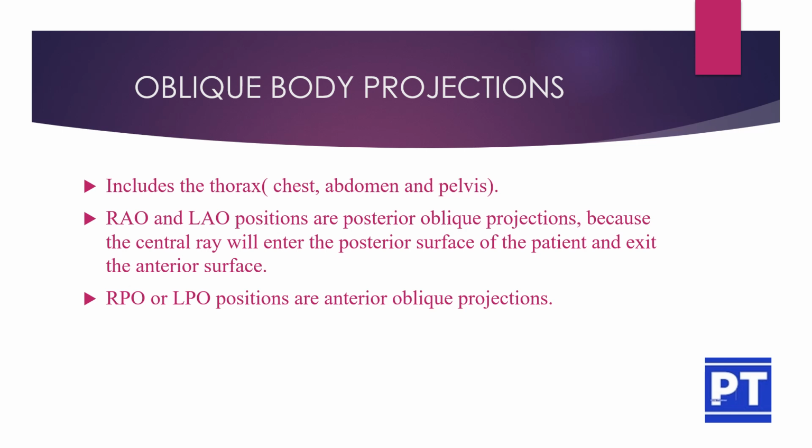When we are speaking about anterior oblique position, left anterior or right anterior, just keep in mind that the patient's anterior aspect is in contact with the image receptor and the ray will be entering through the posterior aspect, and in the other case, vice versa.